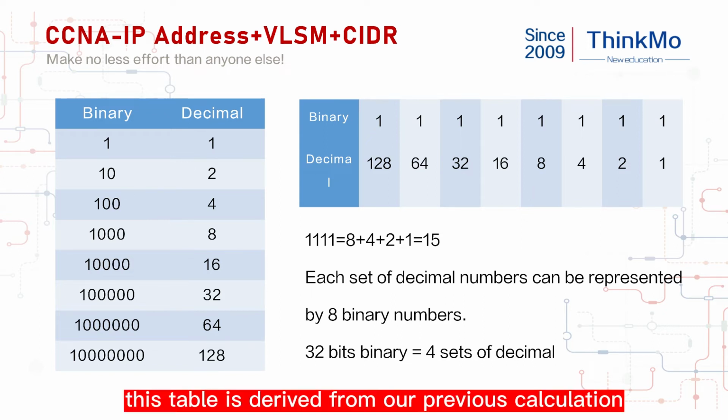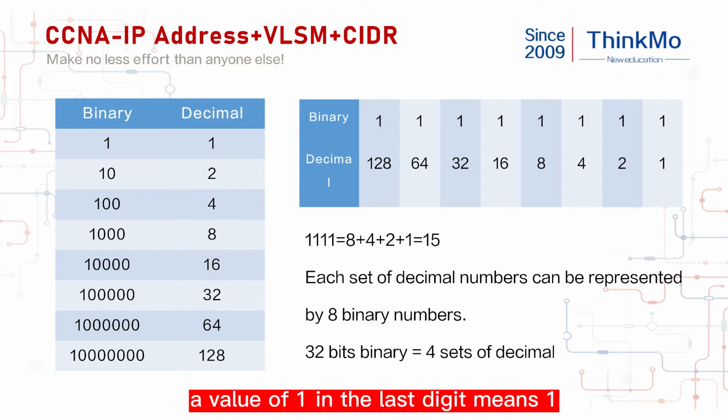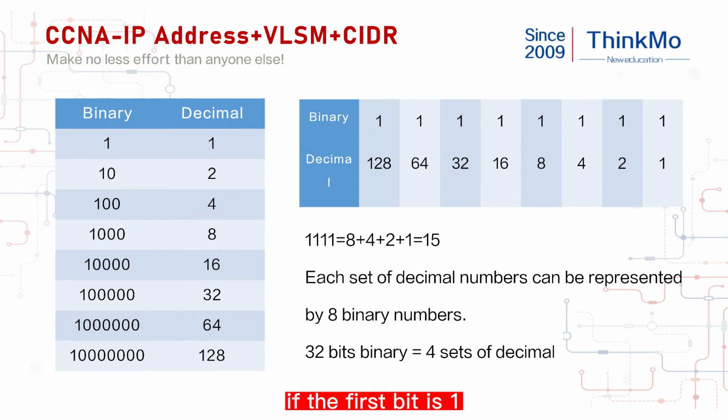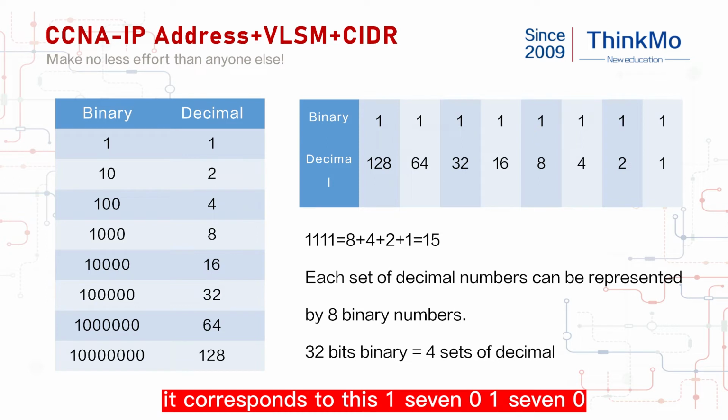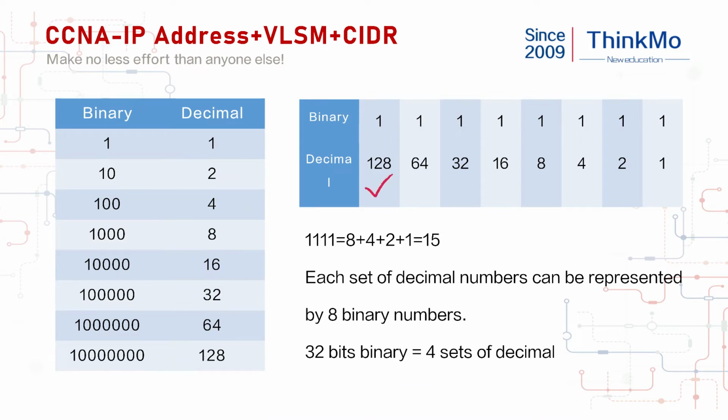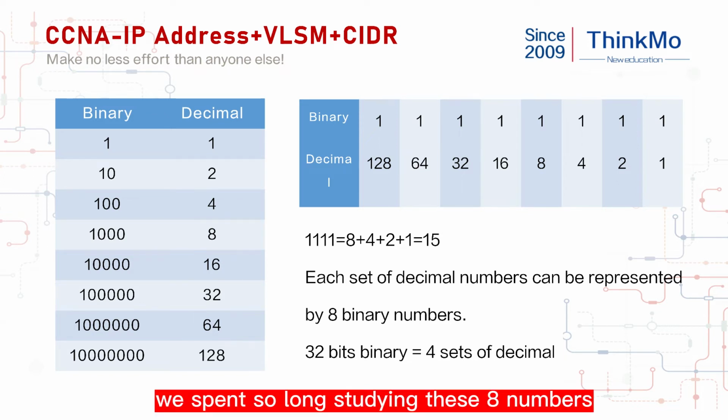This table is derived from our previous calculation. A value of 1 in the last digit means 1. If the first bit is 1, it stands for 128.